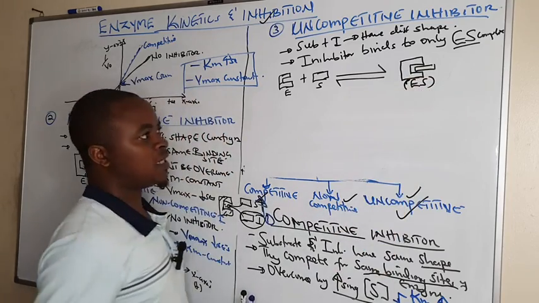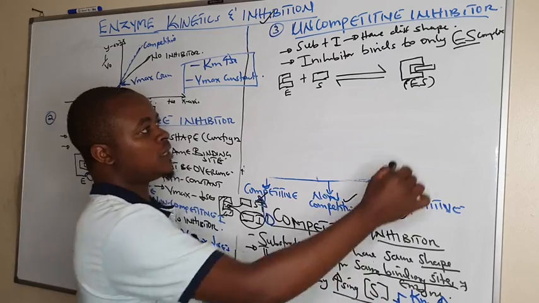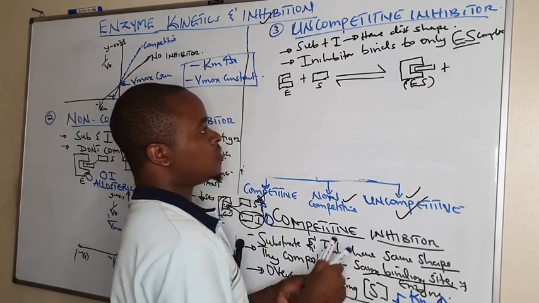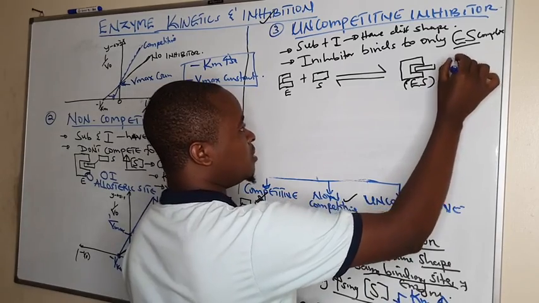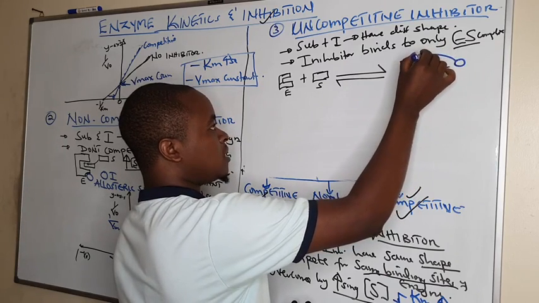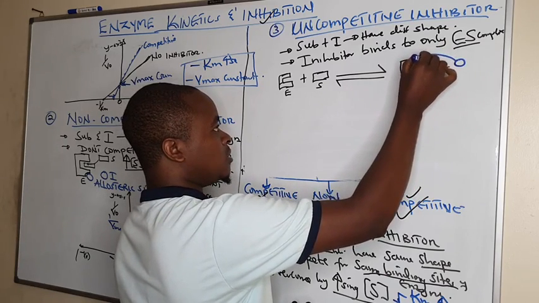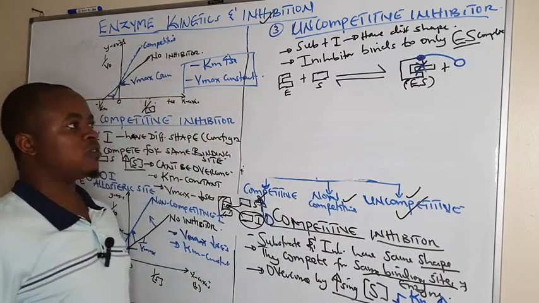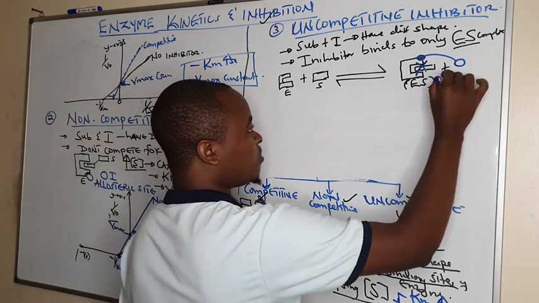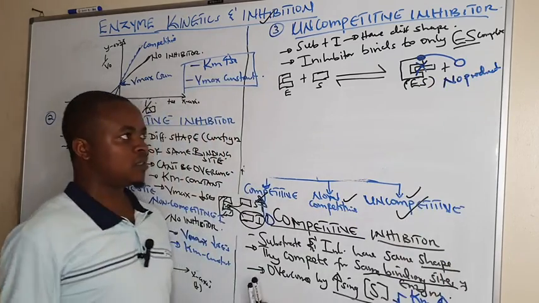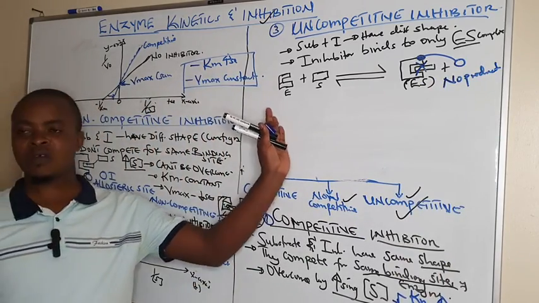After forming the enzyme substrate complex, that is when the inhibitor comes to bind. Because they have different shapes, it binds at the allosteric site, hence blocking the release of the product. So there is no release of the product, no product can be formed after it binds. So this is what we call uncompetitive.